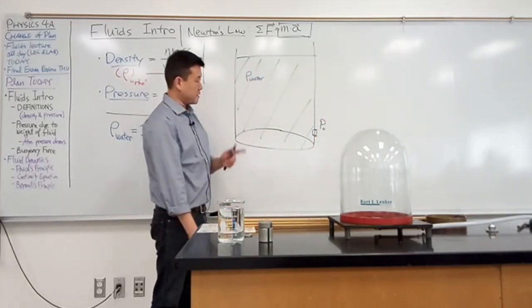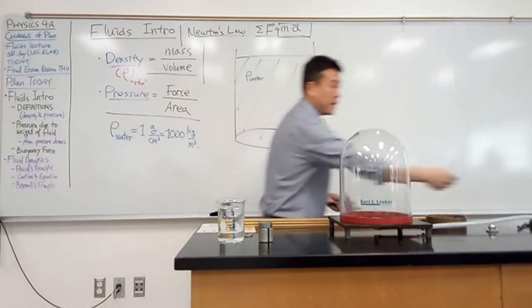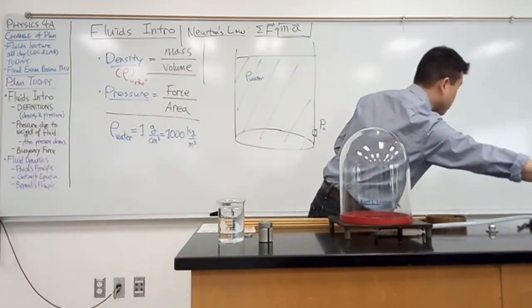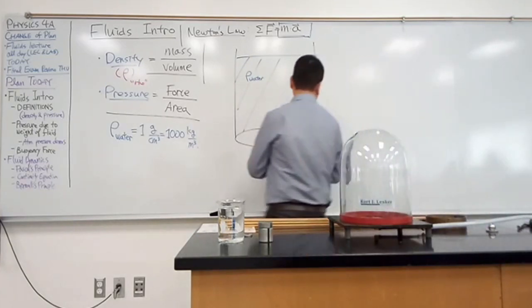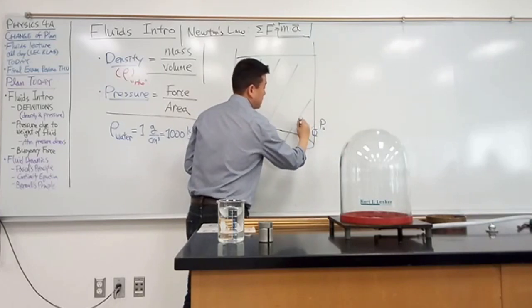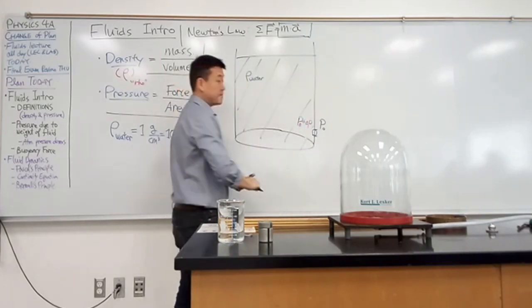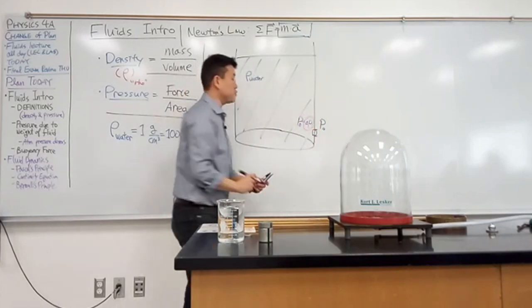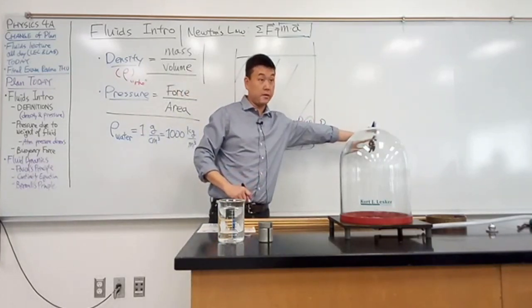And inside, within the fluid, you have a higher amount of pressure, P naught plus delta P. And this additional pressure is what's responsible for pushing this element of water out.